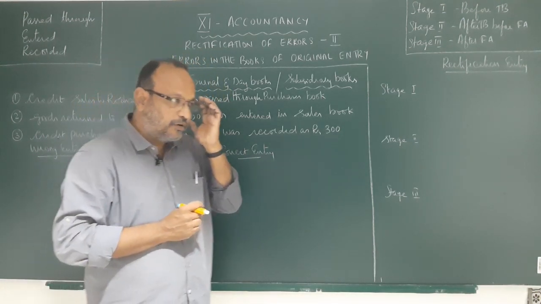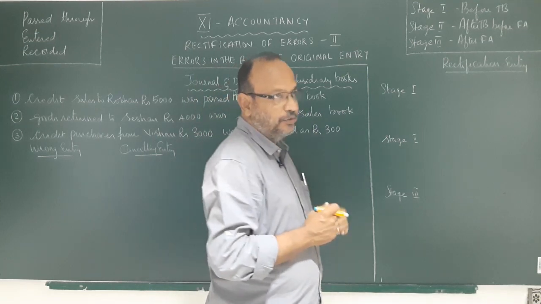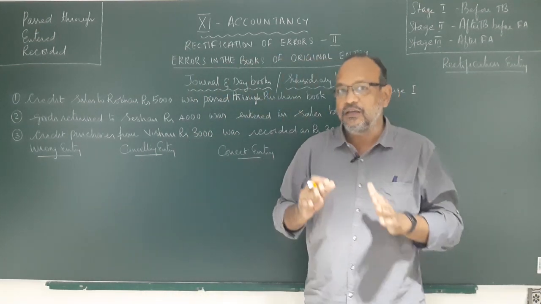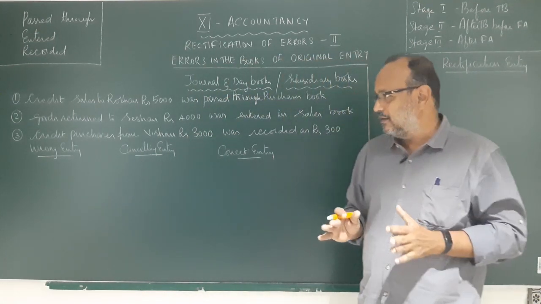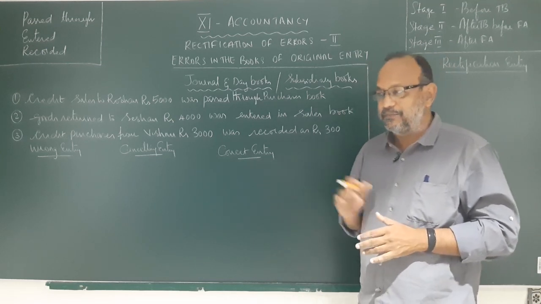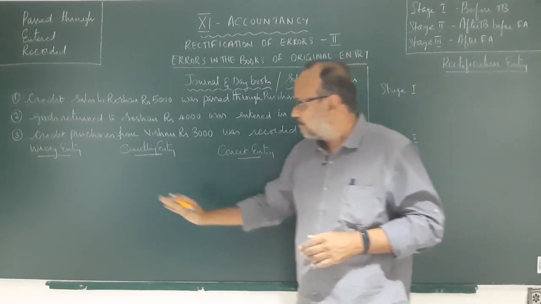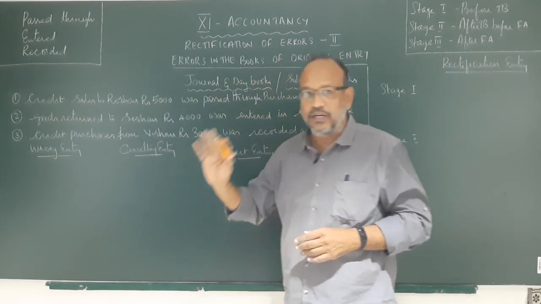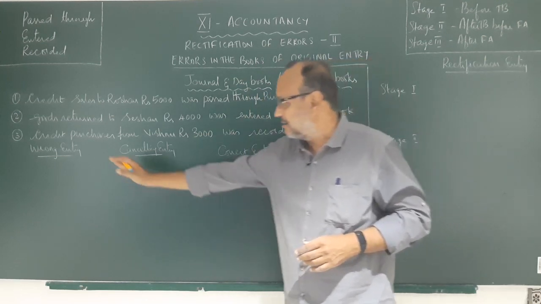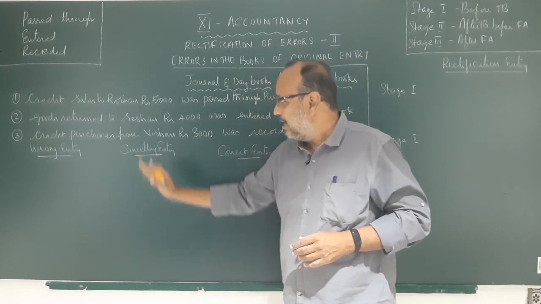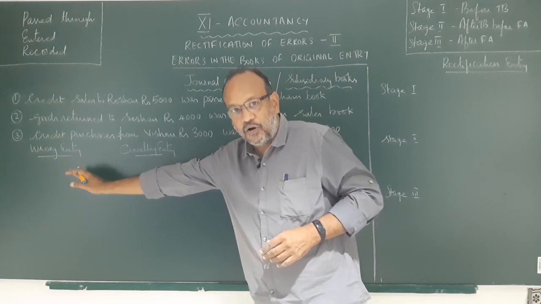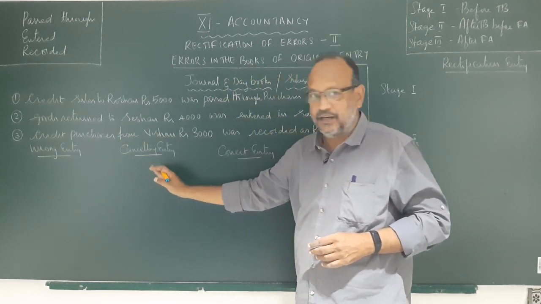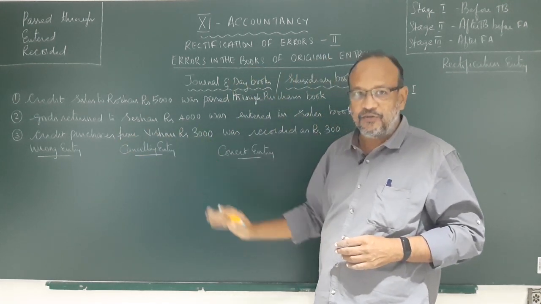The people who have already watched the first video, you know, we rectify the error in various steps. First step, wrong entry, whatever is the mistake we have committed, that we will be making an entry over here. And then the wrong entry will be cancelled by another journal entry.